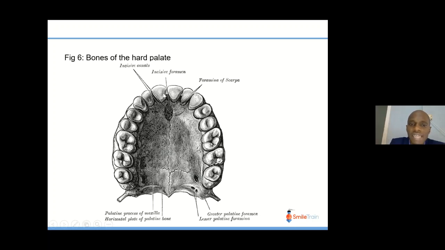These 4 teeth here are the incisors. And we have these holes here for the nasopalatine nerve, and this for the greater palatine nerve and lesser palatine nerve. So they are the holes for the nerves that supply the palate that come out from there. So this is the oral part of this palate. Above this is the nasal part.